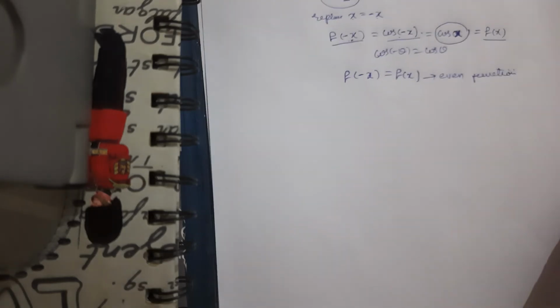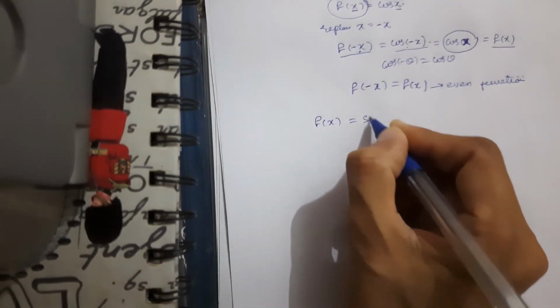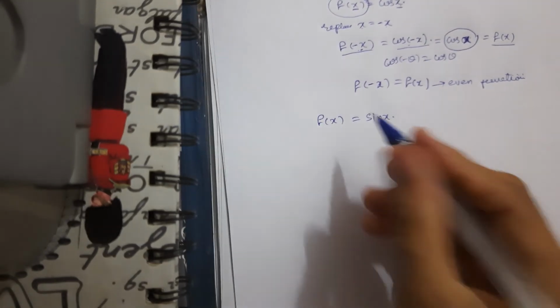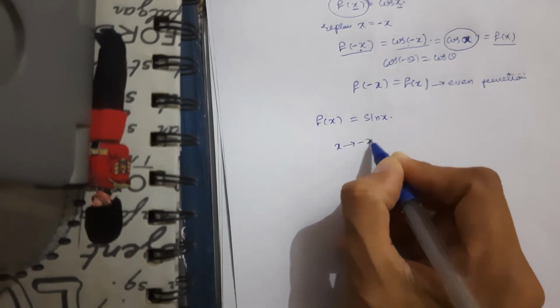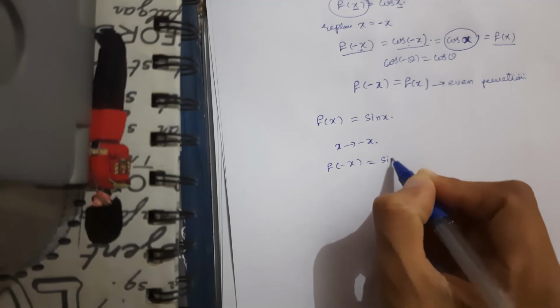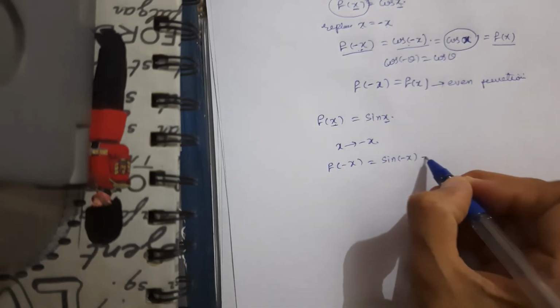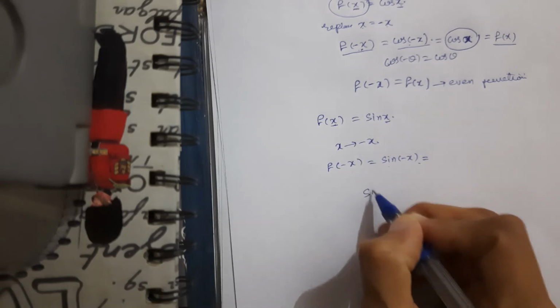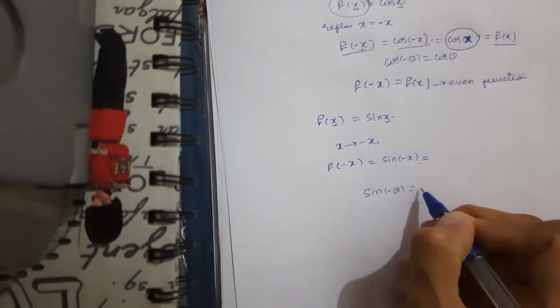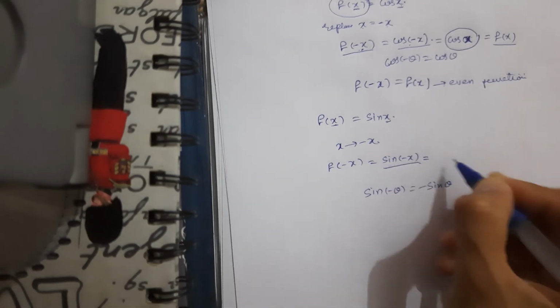Next, I will take another example, f of x equals sin x. Again I will replace x with minus x, so I get f of minus x equals sin of minus x. I changed this x to minus x. Now we all know that sin of minus theta is equal to minus sin theta. So what will I get here?